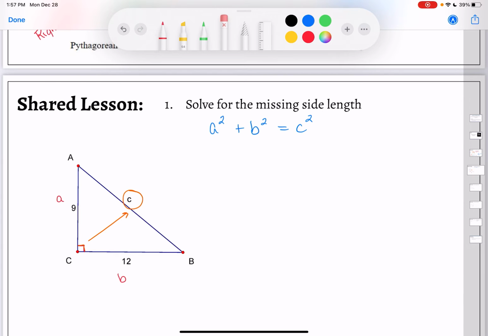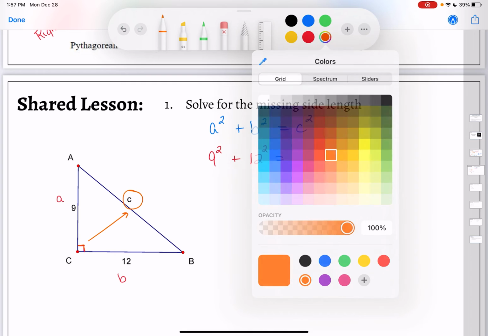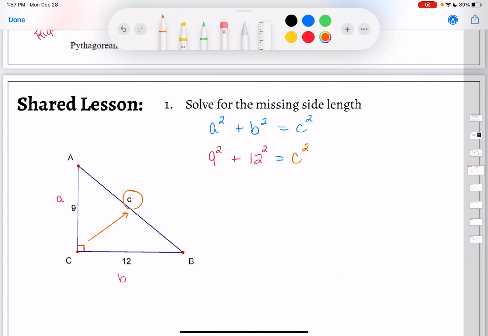Either one could be A and either one could be B. But you have to know which side is going to be C. So how this works is I would say 9 squared plus 12 squared equals C squared. And I'm going to use this idea to solve for C. Okay, so 9 squared is 81 plus 12 squared is 144, and that's going to equal C squared.